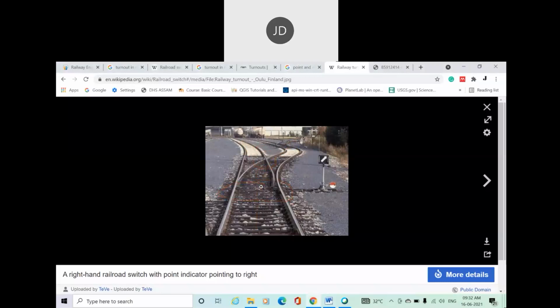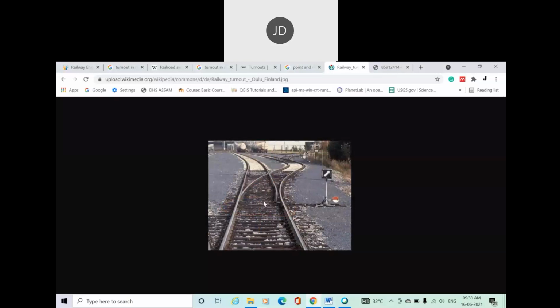Okay, that means point, in a general definition, is a section where the divergence of a particular train is allowed. That means in which direction a particular train will move, either in the straight direction or in a right turn, it will be decided, or it will be governed by this section, which is known as point or switch.